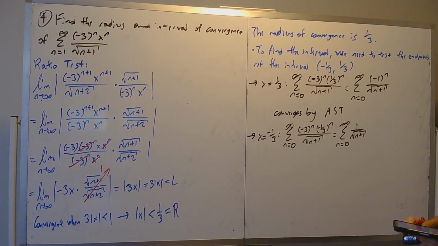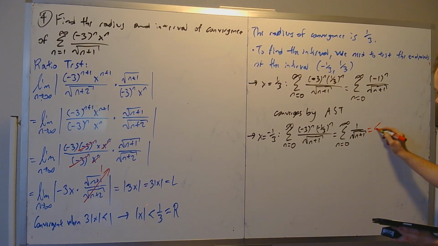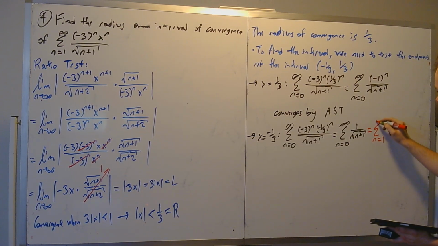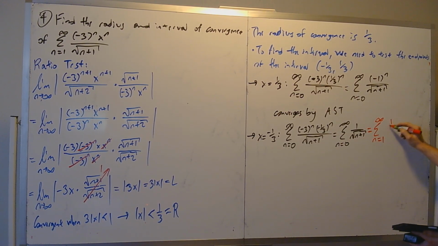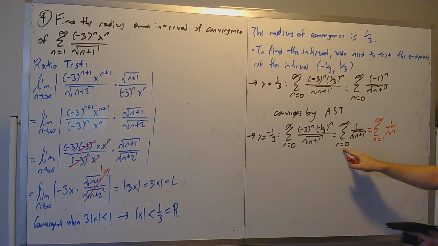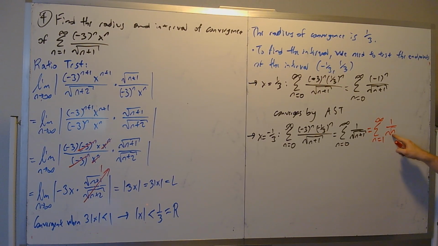But what I want to say here is, here you're starting at n equals 0. If you instead start at n equals 1 to infinity, then all you have to do is get rid of this plus 1. The way you check that these two are actually the same series is you just start plugging in the numbers. You plug in 0, then 1, then 2, then 3 for n, and you're actually going to get the same thing if you plug in 1, then 2, then 3, and so on.